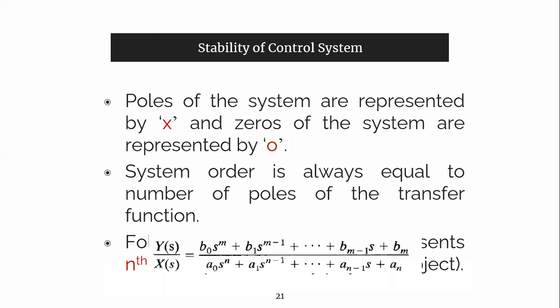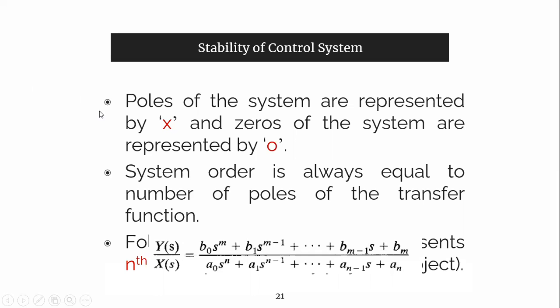The poles of the system are represented by X. Remember these notations, by which you can easily understand how we are going to simplify the numerical with the help of the stability of the system, using the input and the output poles.